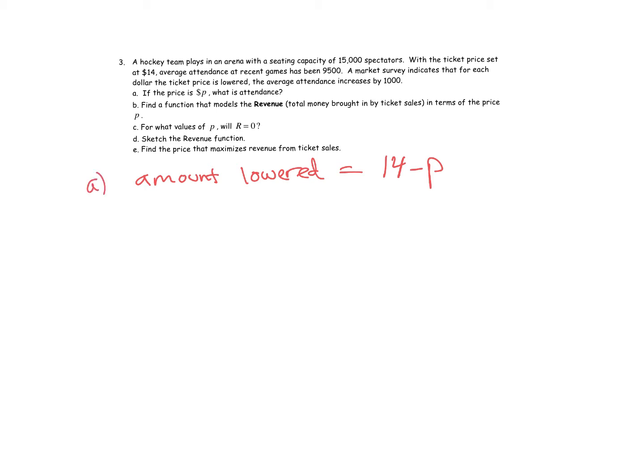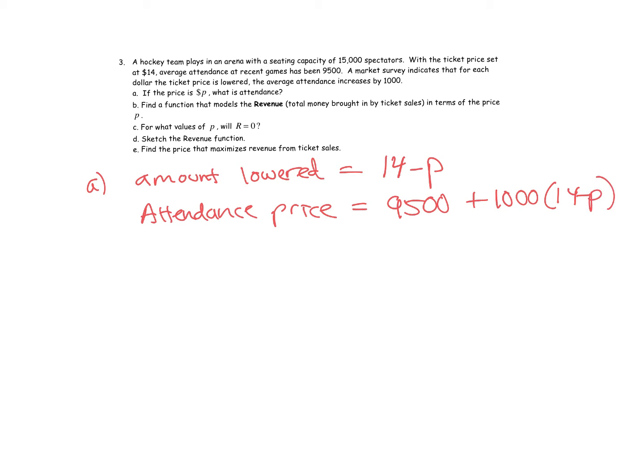So then when I want to find the attendance in terms of price, I can say it's equal to the attendance right now plus 1,000 times the amount it's lowered. So for example, if it's lowered by $2, the attendance would be 9,500 plus 2,000. So in terms of revenue, revenue equals price times attendance.